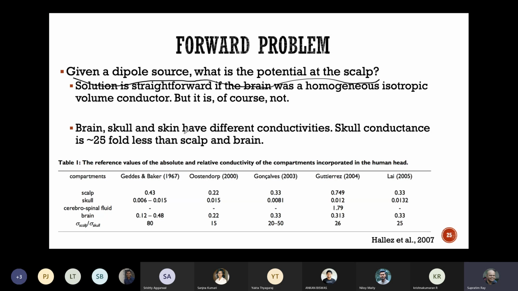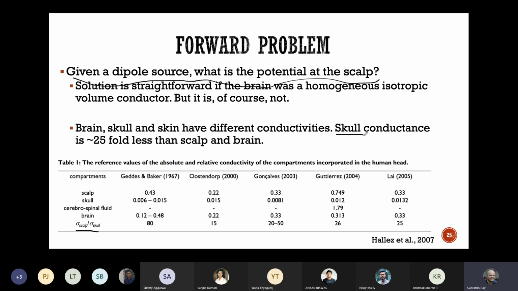Turns out brain, skull, and skin have different conductivities. In fact, the thing to remember is that skull has very little conductance, or very high resistance. If you look at the ratio of the scalp versus the skull, different people have given different ratios, but at least it's around 20 or so, 20 or 25.